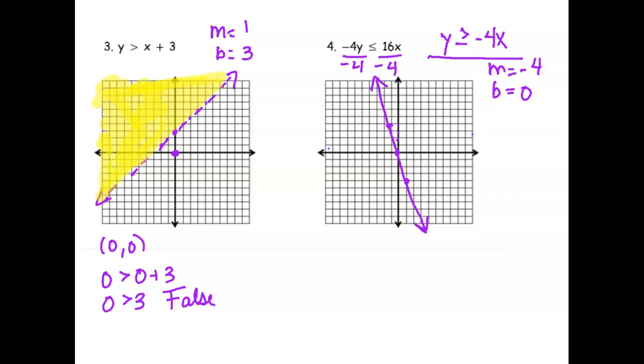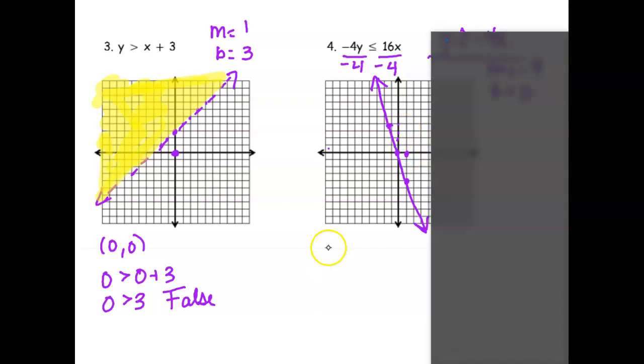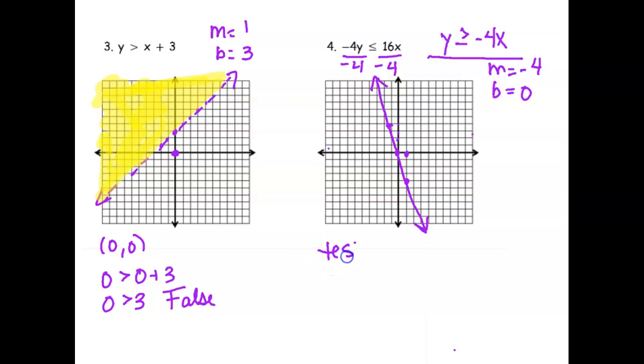And now we're going to test the point. We don't want to test the point 0, 0 because it's right on the line. But we can test the point 1, 0, which is right here if we want. Or you could do 2, 2, or you could do anything. So if we test 1, 0, going back to this, is y greater than or equal to -4x?